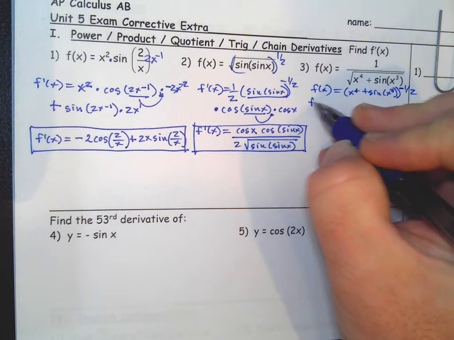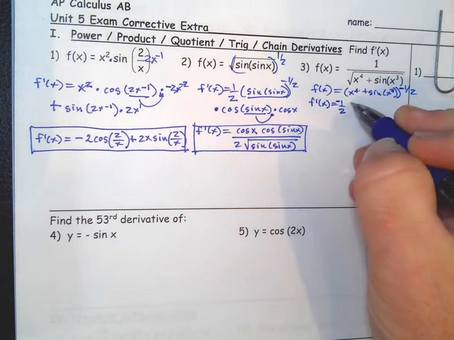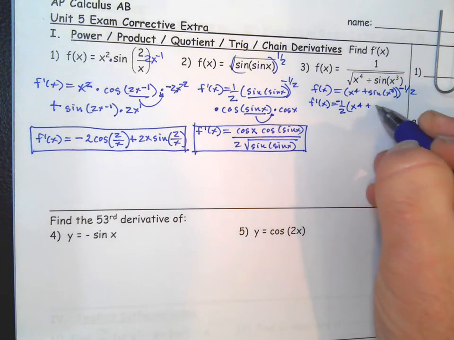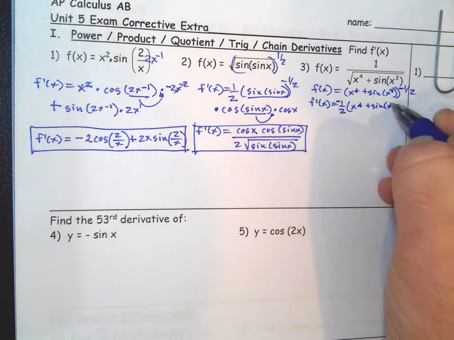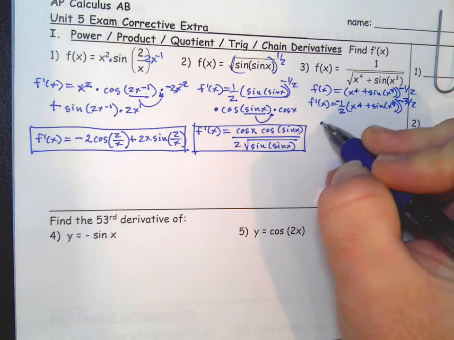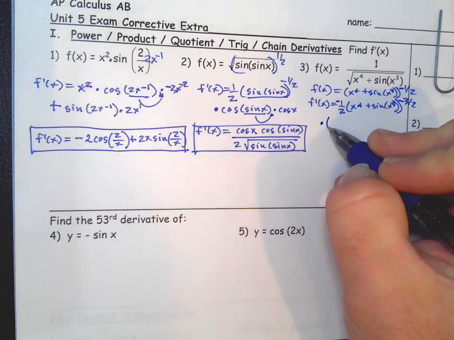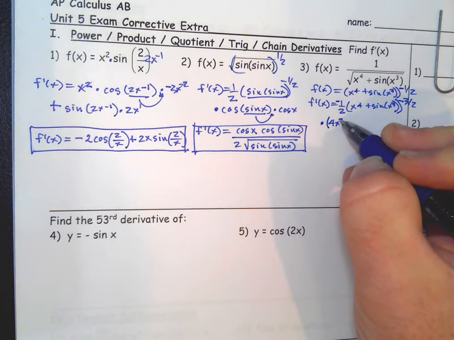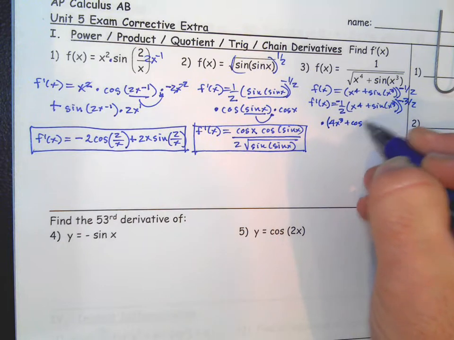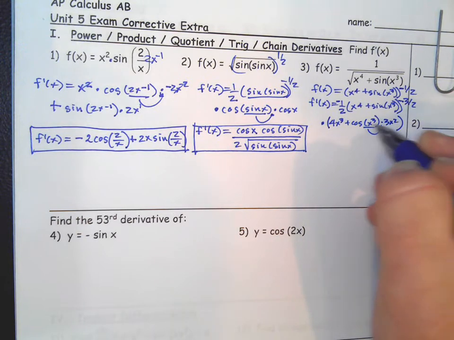So the derivative is going to be negative 1/2 times x to the 4th plus sine x cubed, to the negative 3/2, and then you're going to multiply by the derivative of what's inside. Now, this is chain rule. It has multiple terms, so you better put parentheses around this. 4x cubed plus cosine x cubed times the derivative of what's inside, 3x squared, which only multiplies that term right there.